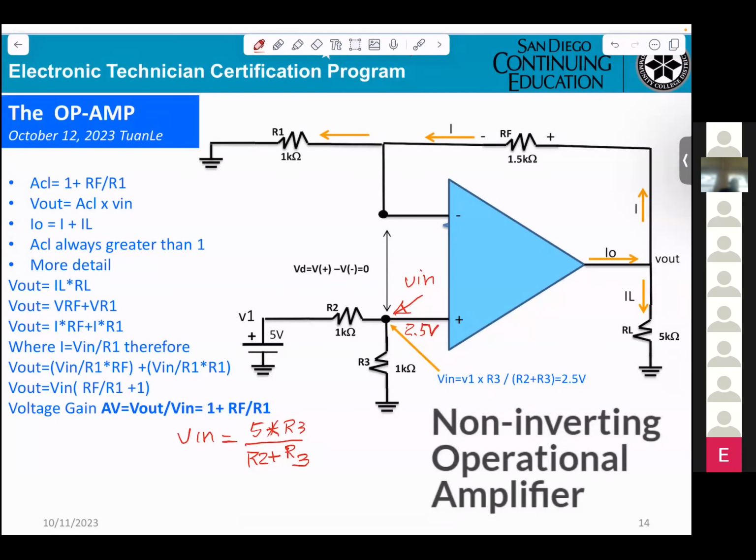However, from here to here is 0. Is it correct? From here to here, 0. Correct. And that means here or here will be the same. Right? So that's telling you, you get 2.5 here, then you get 2.5 here. Okay.